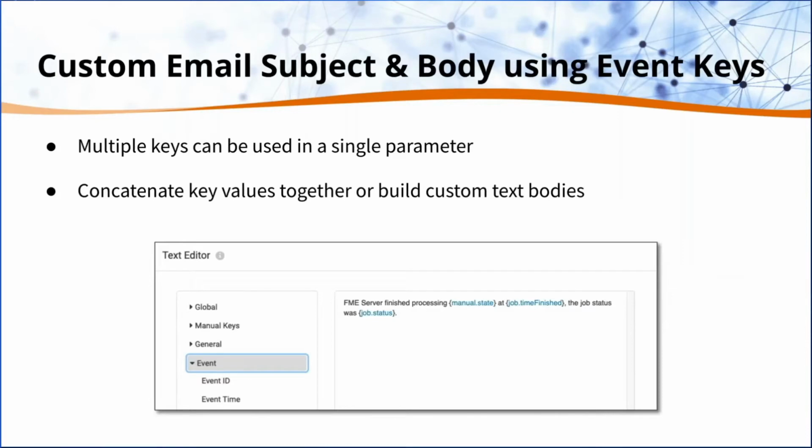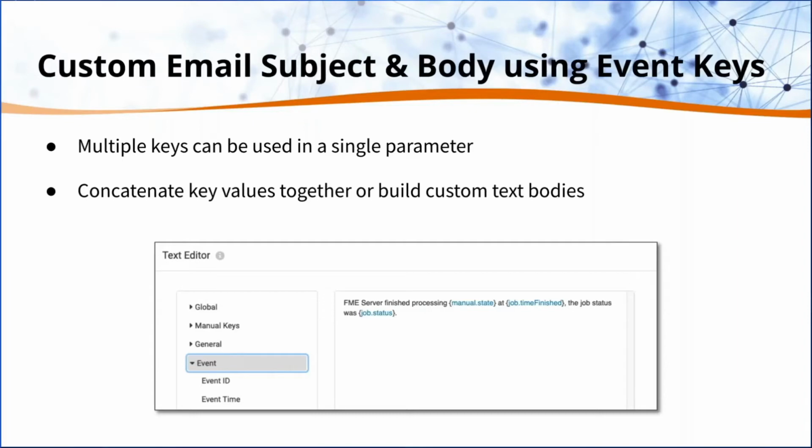So an extra bit of customization we're going to add to our demo is by using the text editor with our keys, because with this function, you can add multiple keys in a single parameter value. And this can be incredibly useful for concatenating key values or creating custom text bodies.